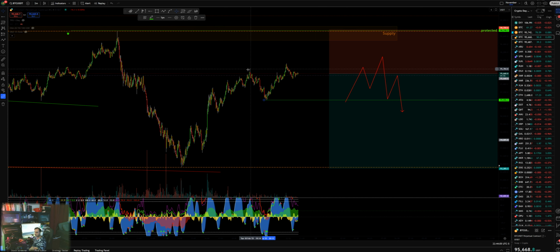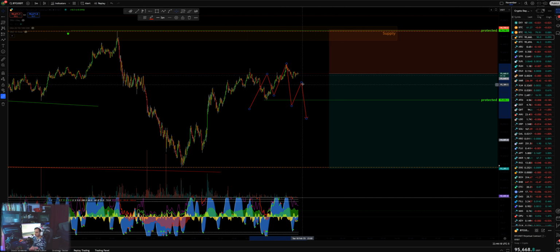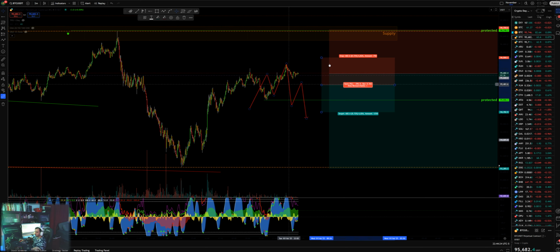We have body closes above this high. Let's say this price action comes down, breaks this protected, and that's your low. And then it comes back up. There's your logic to take a trade, right? Boom. Order block, whatever, or even the smaller fractal of like 15 seconds, you get a flip in market structure.